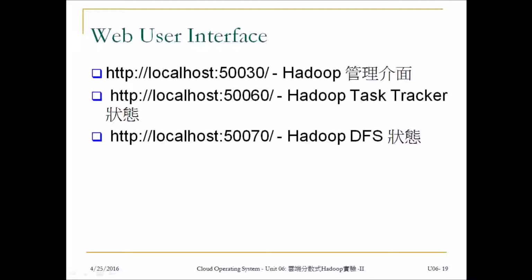If you want to use the web user interface, you can use localhost. The connection port will be 50030. Then you can find the Hadoop management interface, or 50060, to know the Hadoop task tracker state. Of course, you can also find the Hadoop distributed file system state.